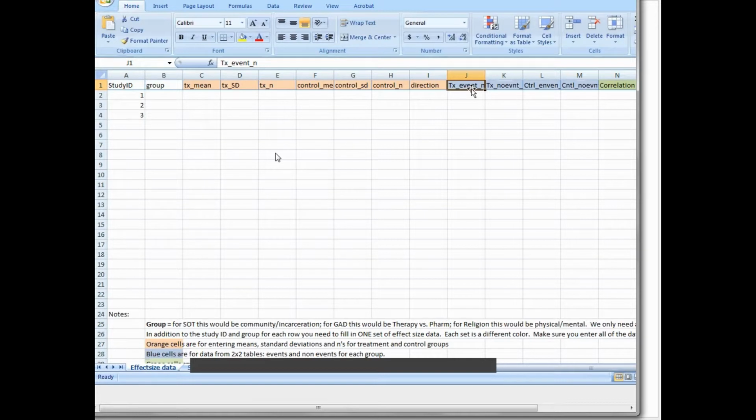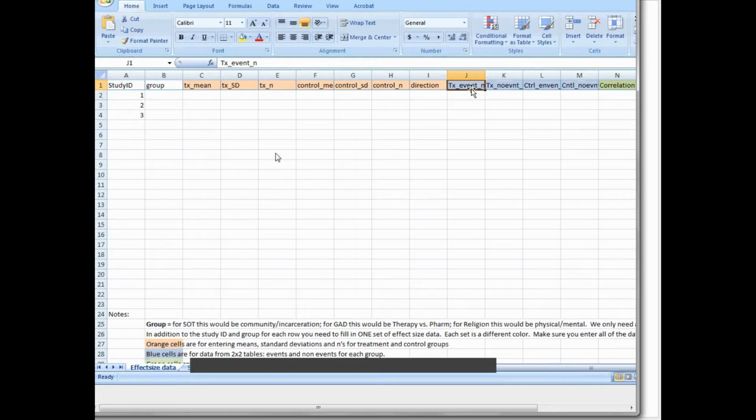So for the sex offender treatment study, if we had people in sex offender treatment and people who didn't have treatment, the event N would be the number of people who did have a reoffense, and the non-event N would be the people who did not have a reoffense. Control group would be, again, our no treatment group, and we'd have an event N, depending on how you want to spell that, and a no event N. So that's those 4 cells you'd see in a 2x2 table.